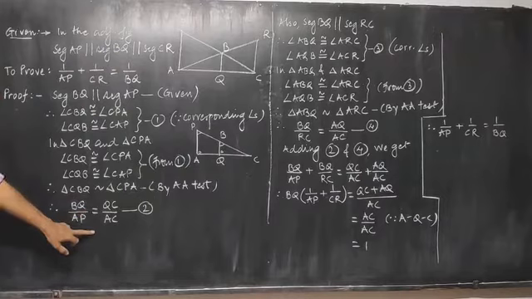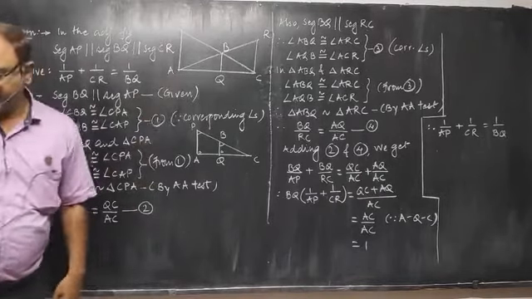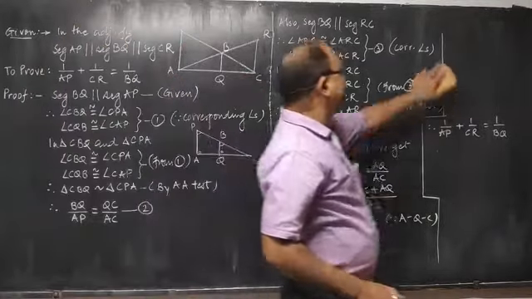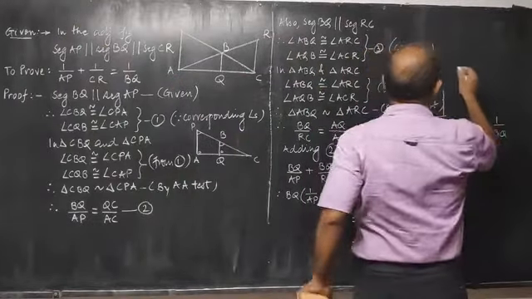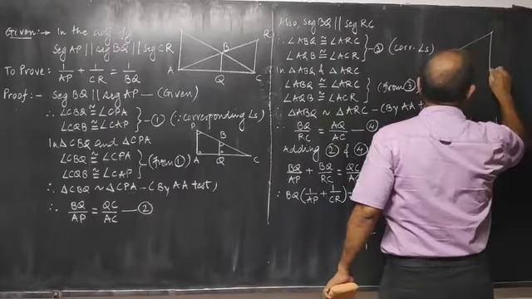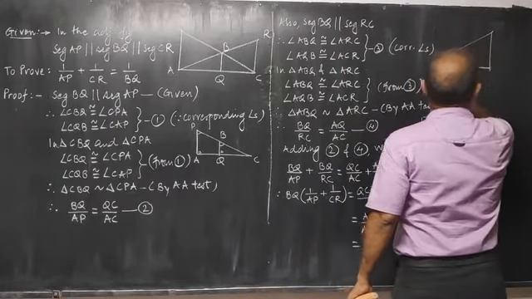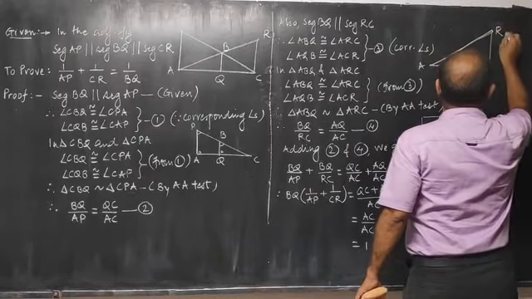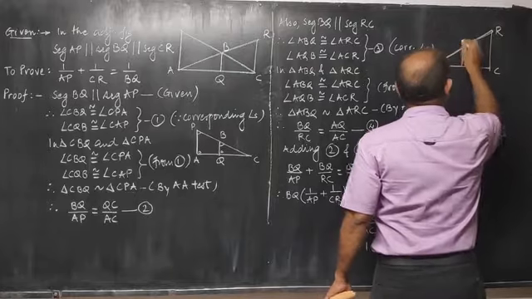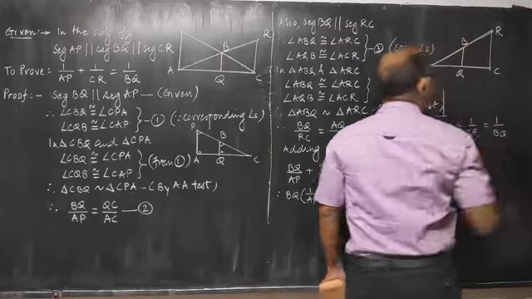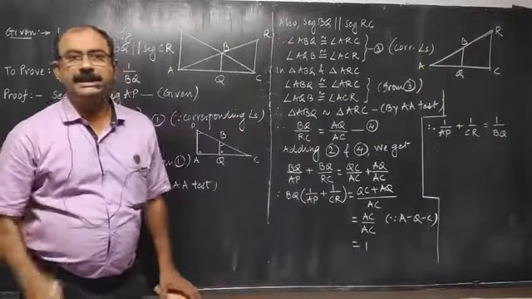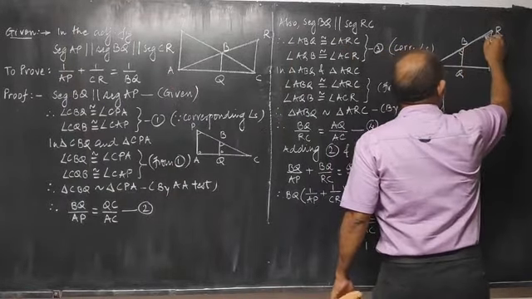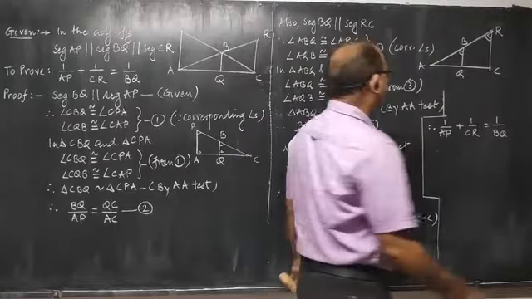Okay, now exactly similar situation is there for the second triangle, that is triangle ARC. Let me draw that triangle separately here. Now exactly repeating the same logic, these two angles are congruent.